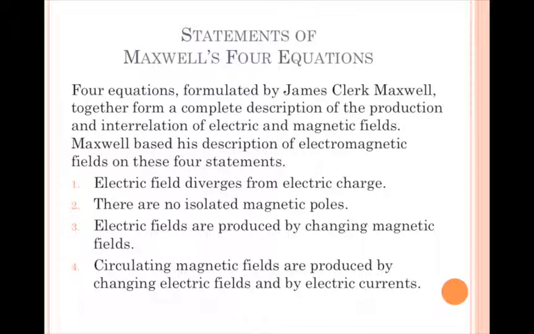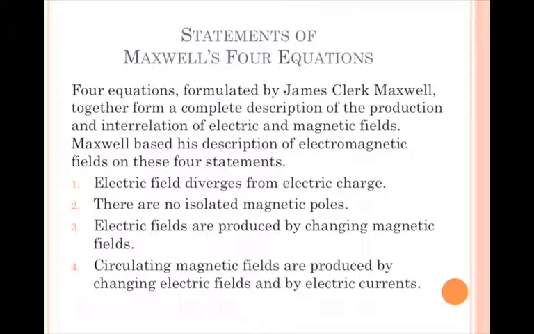Again, here are the four statements that were made by Maxwell in his four equations. We've pretty much discussed them on the previous slide, but know that this is how you would see them in a science textbook. First, electric field diverges from electric charge.